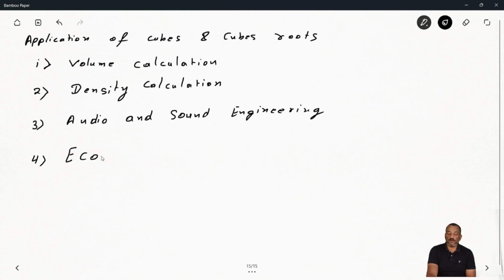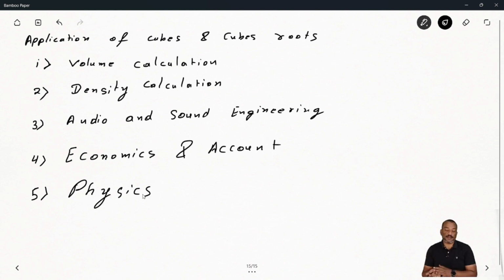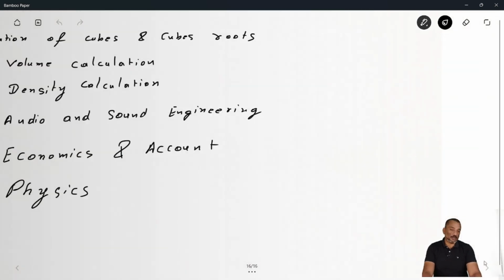So you can say economics, accounts, or also finance. And the fifth one is physics. In physics, when you solve some numericals, when you go to a higher grade, there also it requires cubes and cube roots applications. So this is the overall picture of this chapter.